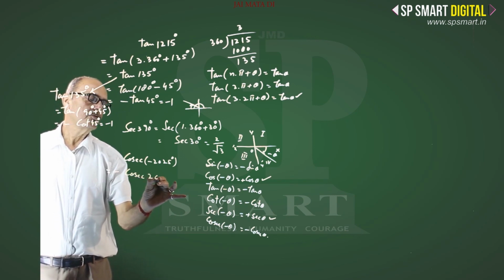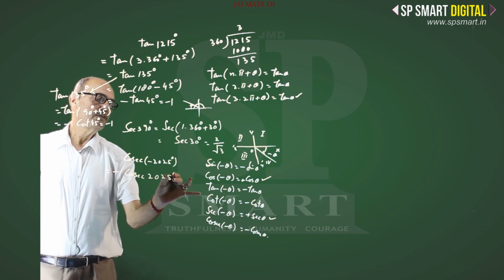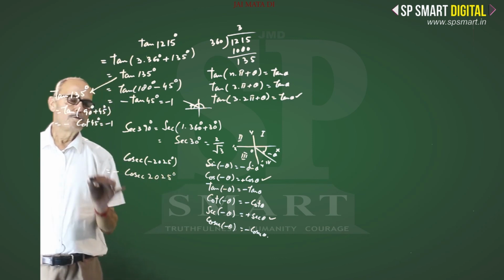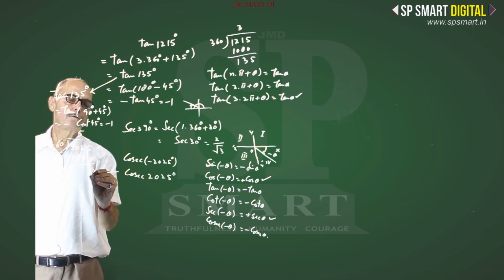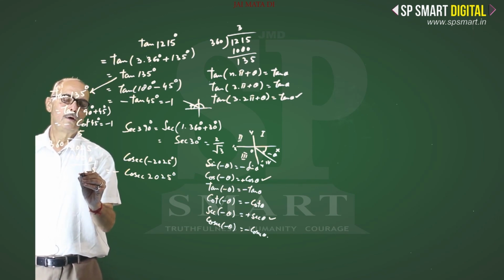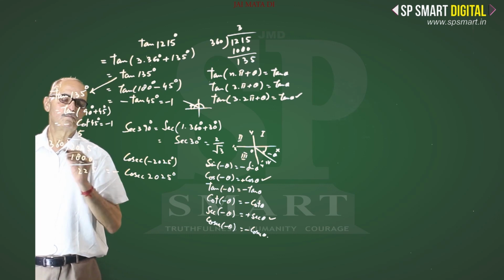Theta in this case is 2025 degrees. We divide this 2025 by 360. This is 5, 2 and 2.